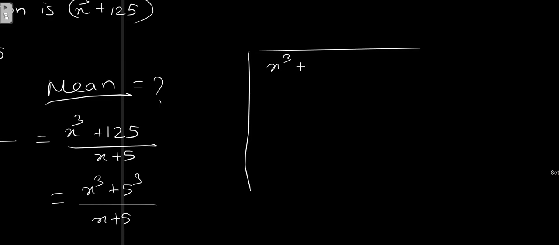So for that, first of all we should do this method: x cube plus dummy 0 x square, because x squared is not given. So as a dummy, 0 x squared is included, as a dummy 0 x is included, and finally 125. This is the standard form: x cube, x squared, x and the constant. Here x cube is here. Okay.